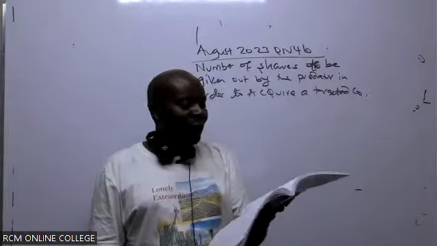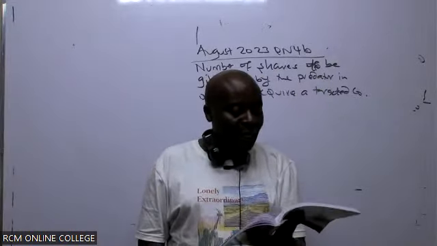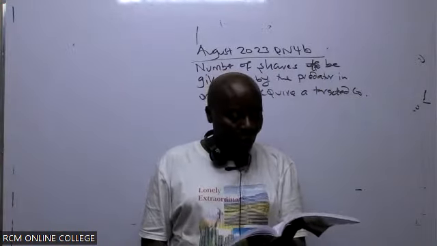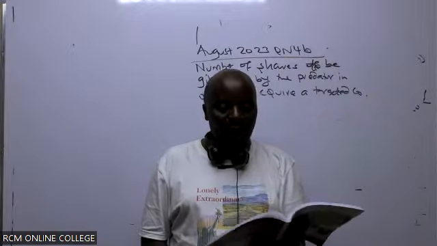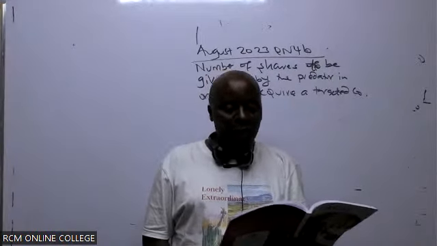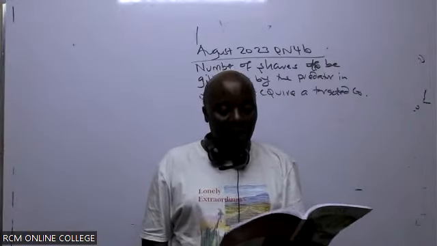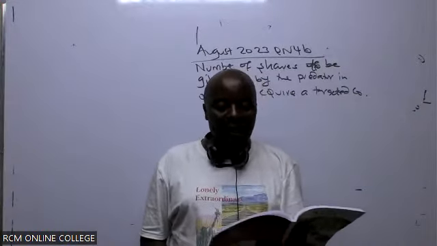The statement of financial position of two companies, ACO and Bero Limited, as at this date, are shown below. So we have ordinary share capital, preference share capital, share premium account, profit and loss account, 10% debentures, non-current assets, net current assets.